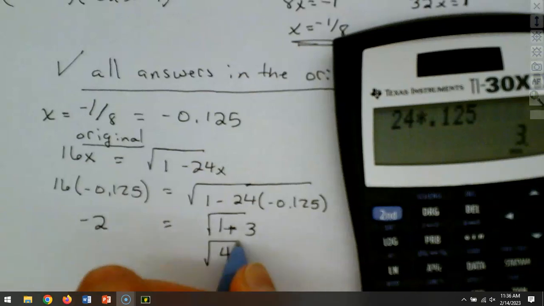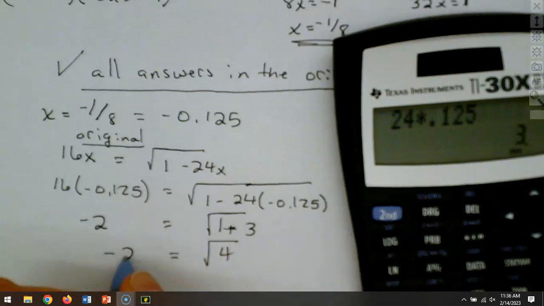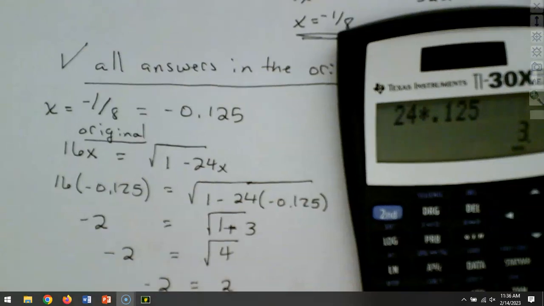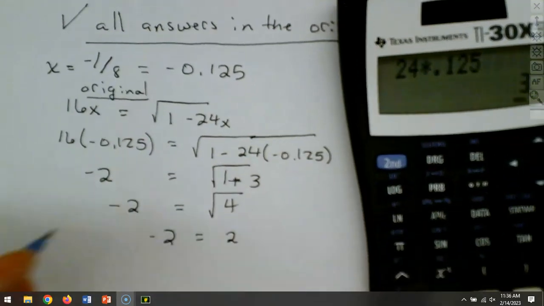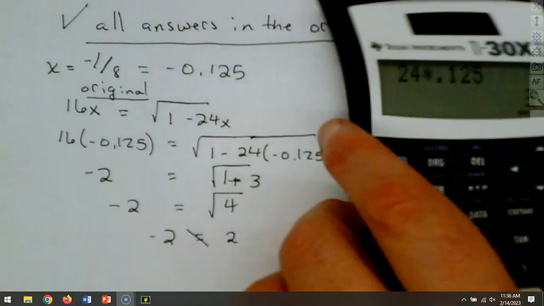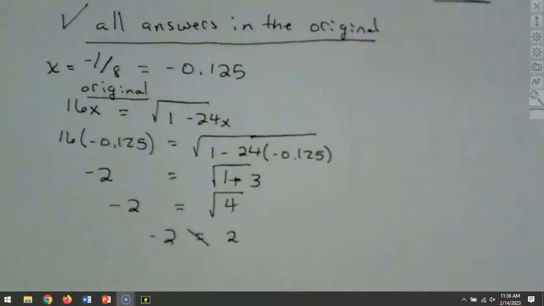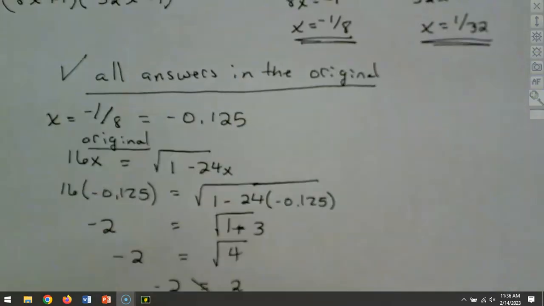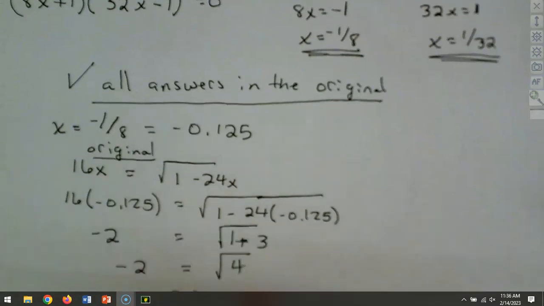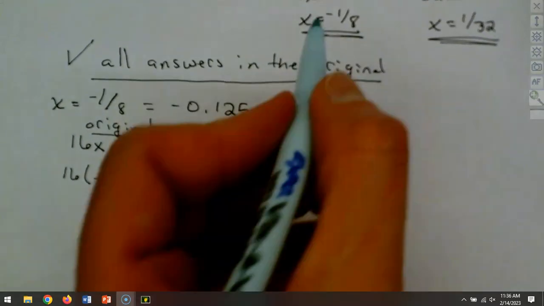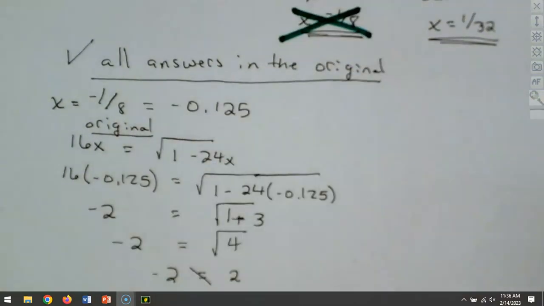And what's the square root of 4? 2, but does 2 equal a negative 2? No. So therefore, this does not work. This is false, right? So when we work this out, we know that 1/8 doesn't work.